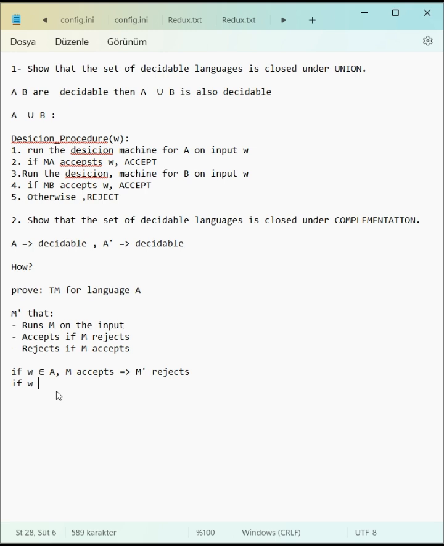If w is not an element of A, M rejects, so M complement accepts. This is the correctness.